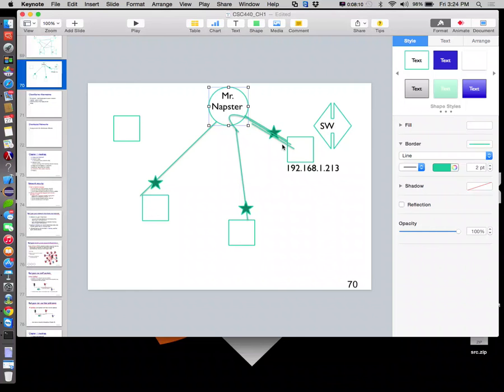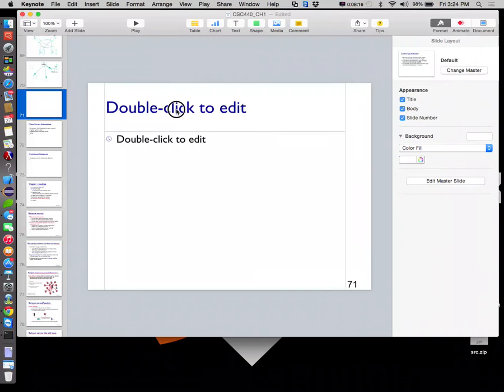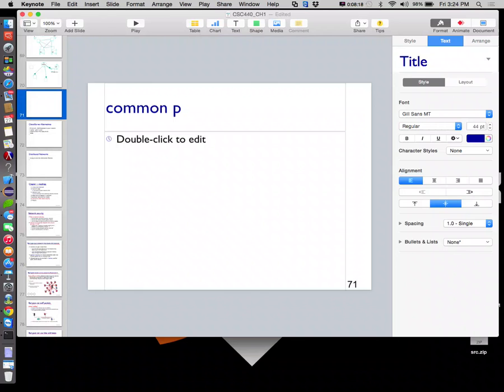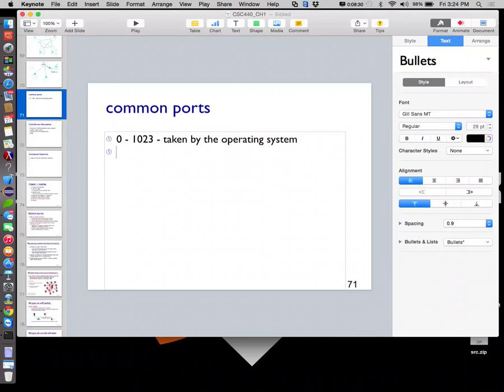We mentioned a couple of classes ago when we were looking at the web server stuff that we have common ports. Ports 0 through 1023 are taken by the operating system. These are part of the standard. Port 80 is the standard HTTP port.